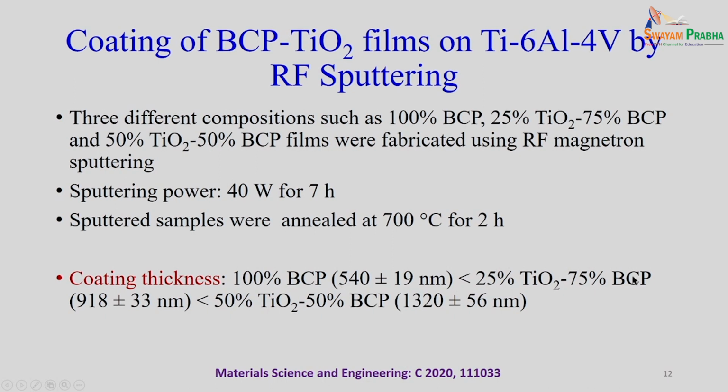For 25% TiO2, the roughness is increasing to 918, and for the 50-50 mixture of TiO2 and BCP the highest surface roughness was observed, 1.3 micrometer.